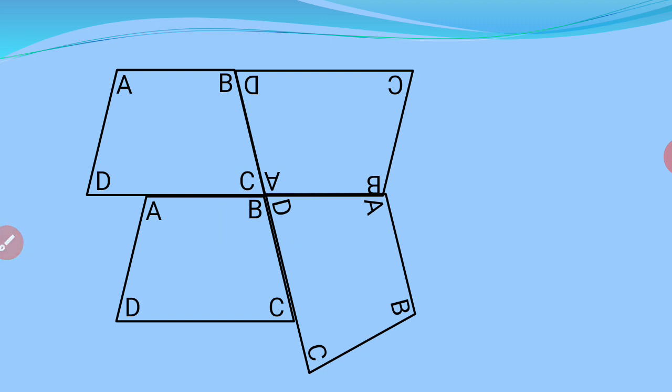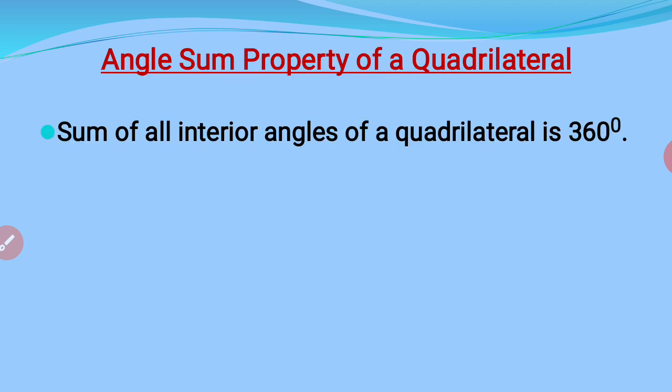The sum of the measures of all the interior angles of a quadrilateral is 360 degrees. This is known as the angle sum property of a quadrilateral. We are going to study a lot about the sum of the measures of the interior angles of a quadrilateral, and we are going to use it to solve examples in the coming videos. Thank you for now.